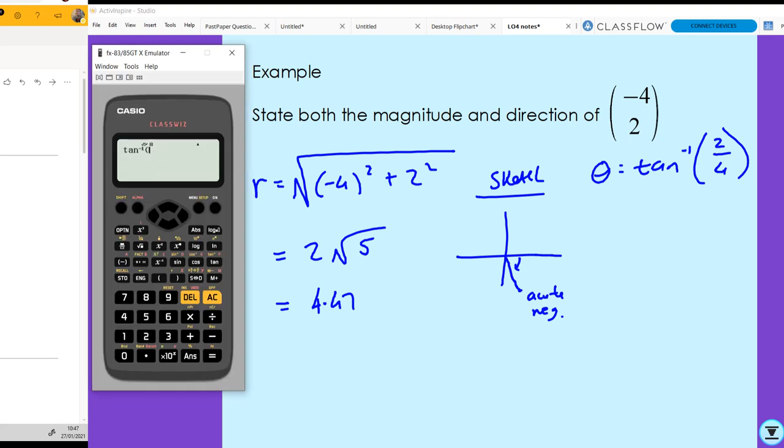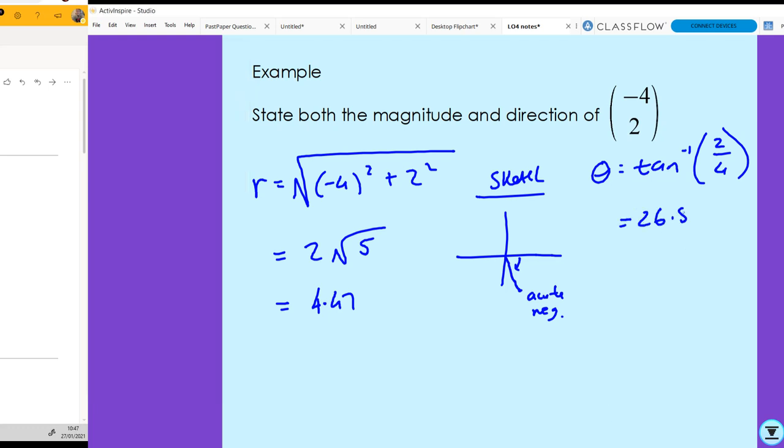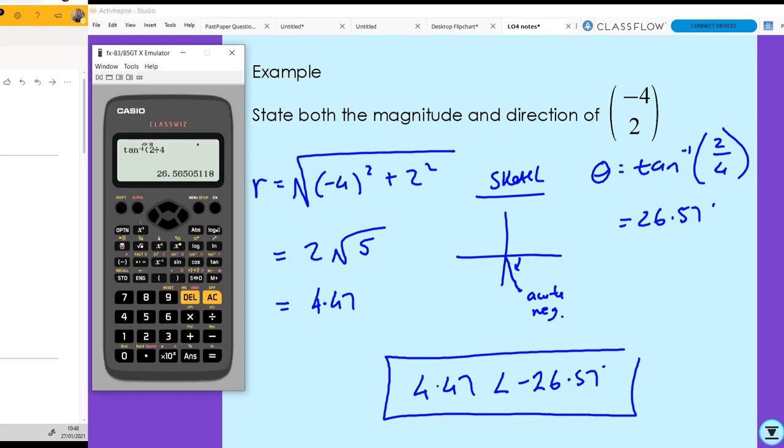In the calculator, shift tan, 2/4 or your half, 26.57. However, when we write it in polar form, we have to remember the angle is negative because that's what our diagram tells us. Noting, again, check your answer by typing in shift pol, -4, 2 to confirm you are correct.